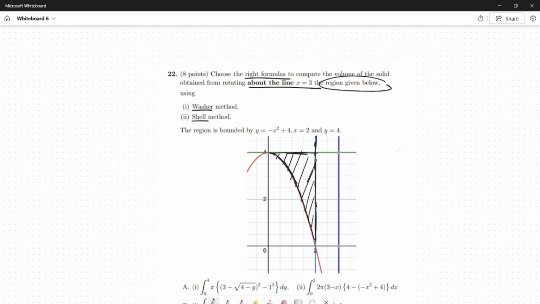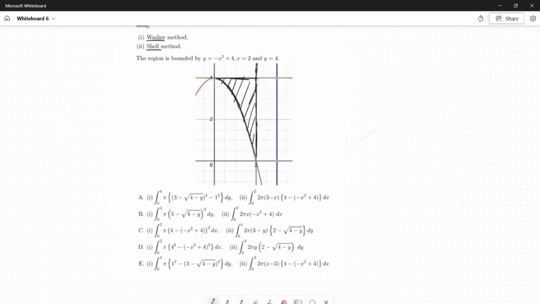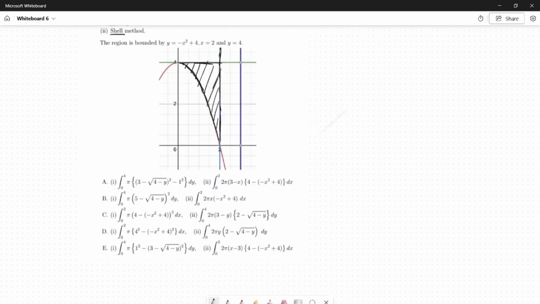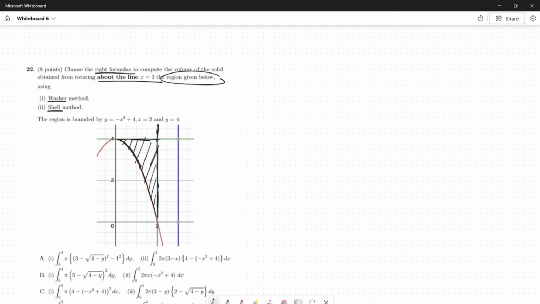With that being said then, let's begin by looking at how we would evaluate this using the washers method. So I'm going to do it off to the right, appropriately titled washers, like so. I'm going to take the shape that we have directly. The shape would look something like this, and our shape is revolved about a vertical axis and not a horizontal axis.